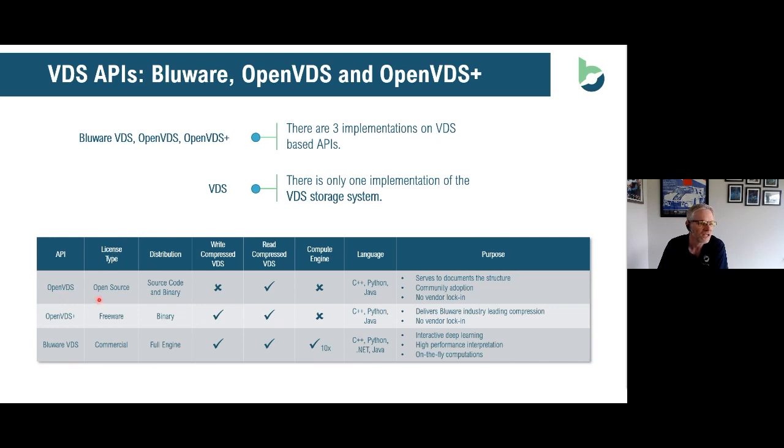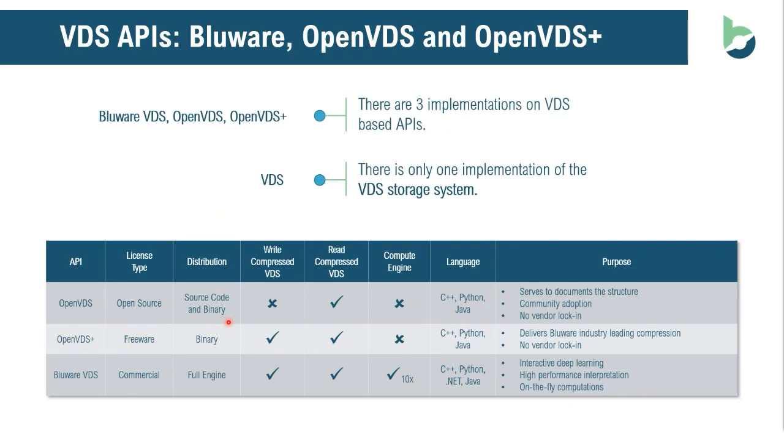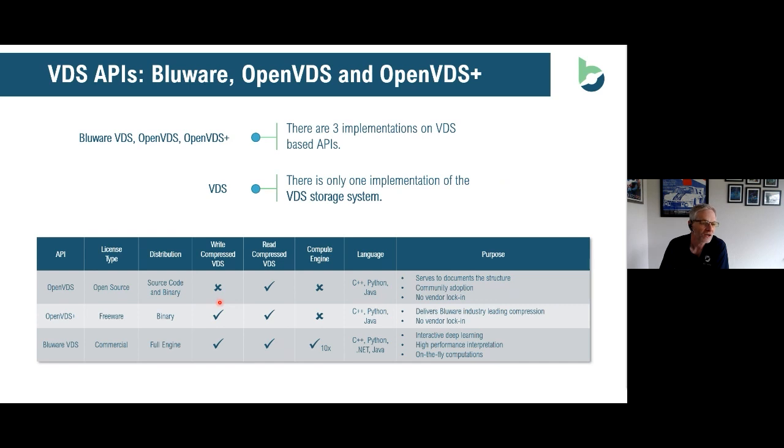OpenVDS is a true open source implementation. We distribute the source code and a binary on GitHub. So you can get access to this today. You cannot create compressed data in OpenVDS, but you can read any VDS, whether it's been created through VDS commercial APIs or VDS Plus.